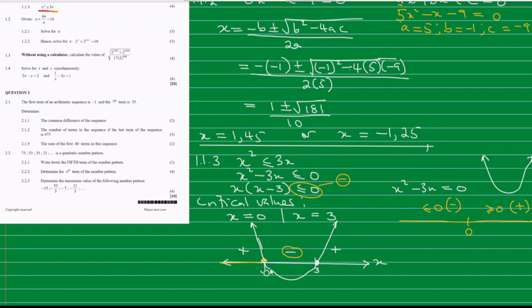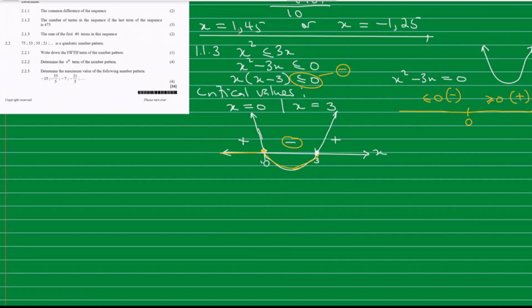As I explained, our graph is negative in that region. So this helps us to define the values of x that we need. The values of x in that case are the region between 0 and 3.